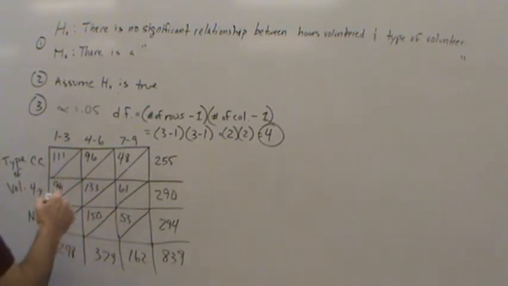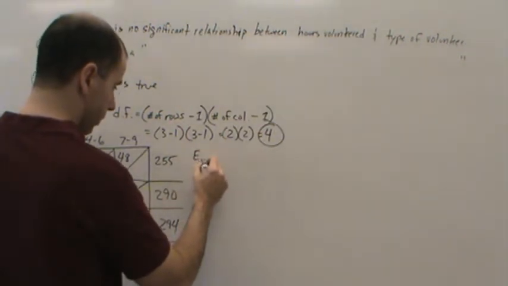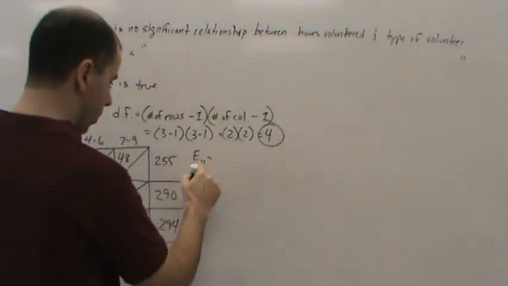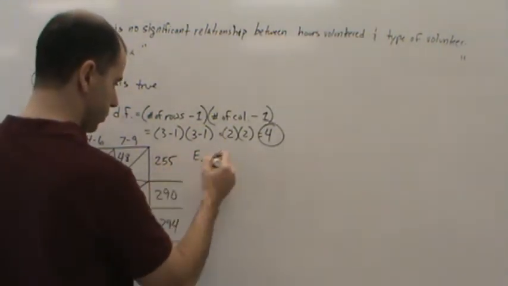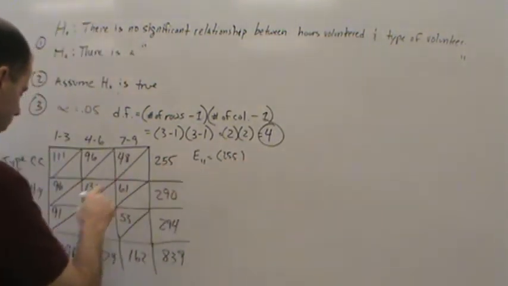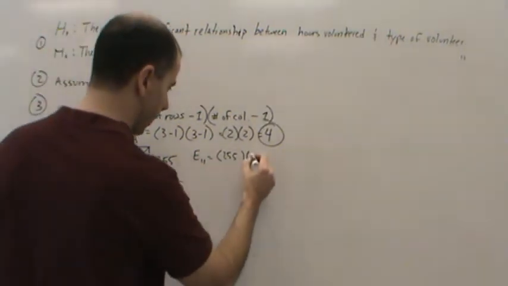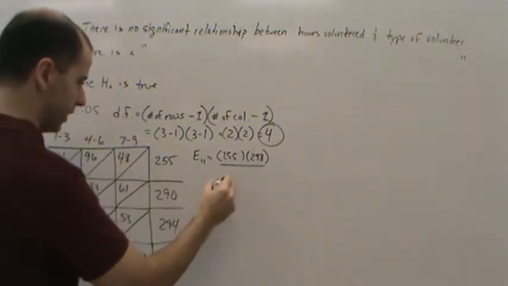expected values. So for this one, E11, we're going to take row 1 total. Row 1 total is 255, times column 1 total, which is 298, and we're going to multiply those together and divide by the grand total, which is 839.